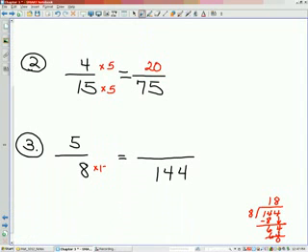And so I need to multiply the bottom by 18. And if I multiply the bottom, I must multiply the top. Now 18 times 5, 8 times 5 is 40, carry my 4. 5 times 1 is 5, and 4 more is 9. So 5/8 is also 90 over 144.